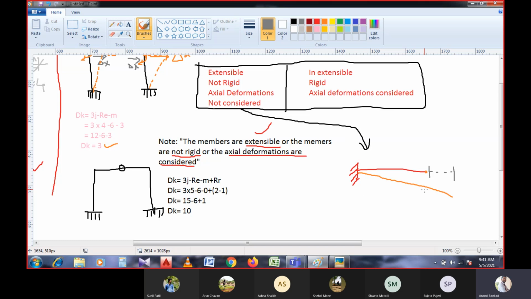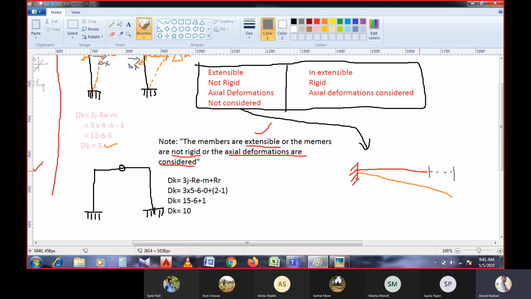Only if it is not extended is the body considered rigid. If the body is rigid, then it won't extend; it will break, right? So again you come to brittle and ductile materials. I hope you know these meanings. Here it is extensible in the sense that the body can extend further, hence it is not rigid.